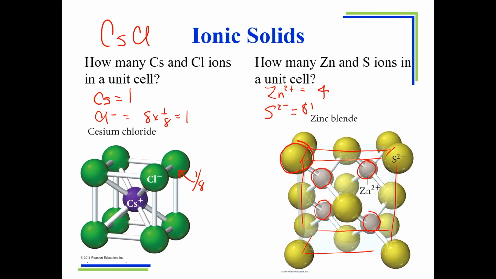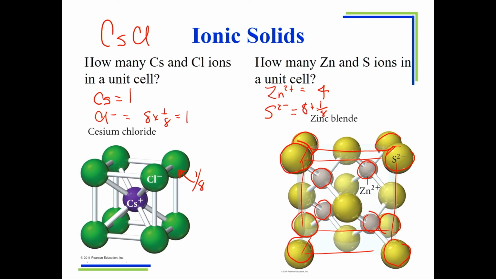And each of those corners is 1/8 of an atom. But that's not all we have. So there's my 8 corners: 1, 2, 3, 4. Back here, 5, 6, 7, 8.